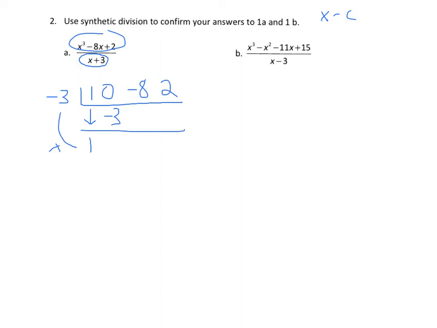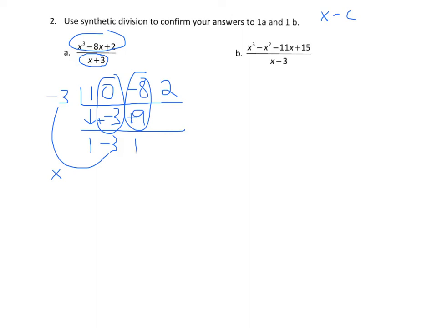Next, you're going to add these two numbers. 0 plus negative 3 is negative 3. Now I'm going to multiply again, I take that number in front, and now I multiply by this number. So negative 3 times negative 3 is positive 9. Next, I add these two numbers. So negative 8 plus 9 is 1.